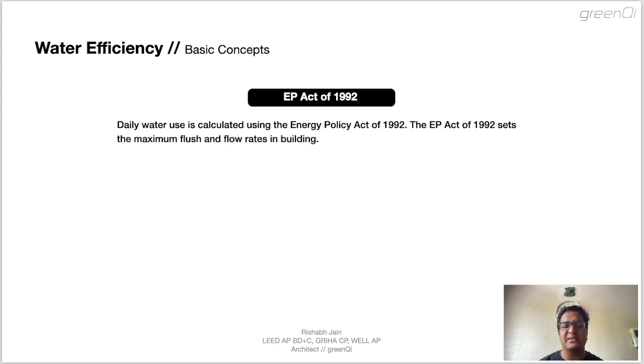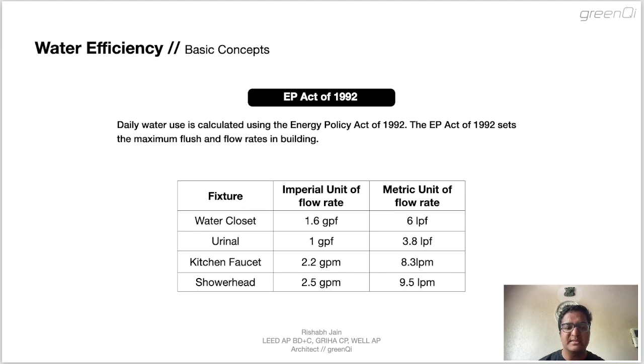The EP Act specifies the baseline water consumption information required to make the calculation for projects' baseline water use. This table shows us the water consumption defined in the EP Act of 1992. Like for a urinal, it is 1 gallon per flush or 3.8 liters per flush, and similarly defined for other things also, such as water closet, shower head.